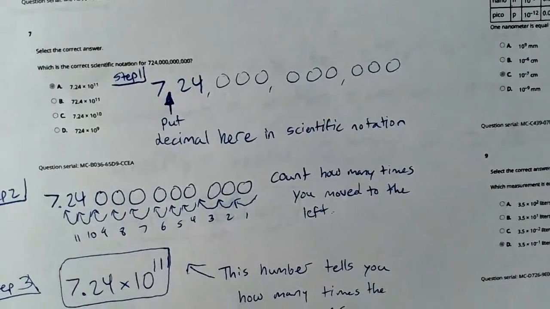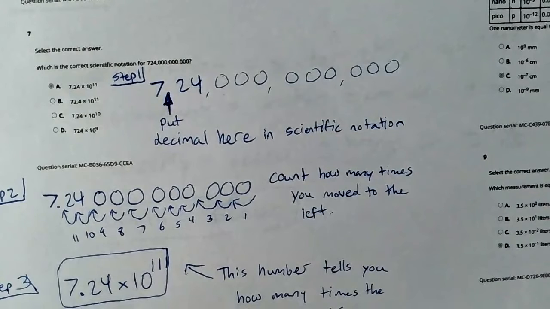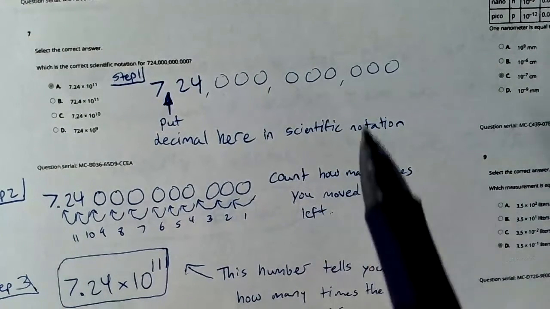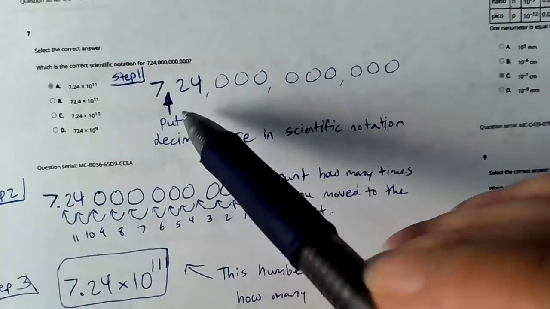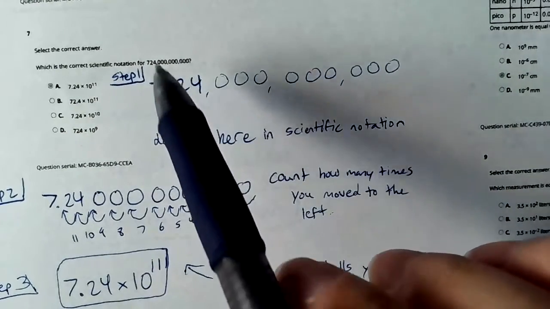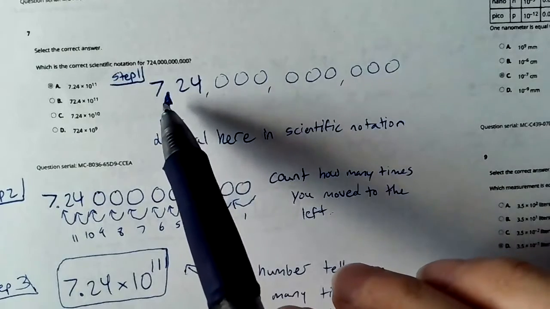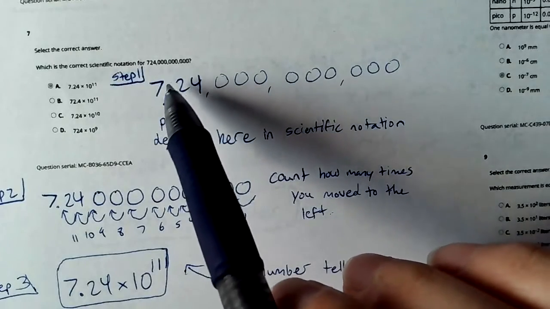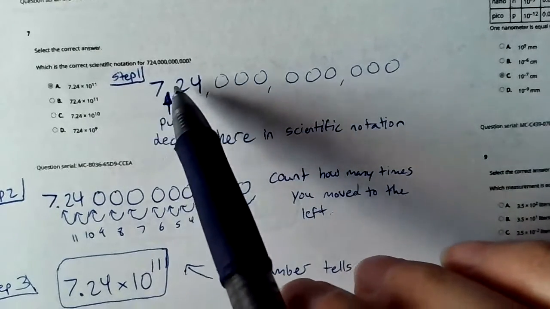Number 7. Which is the correct scientific notation for 724 billion? You don't even necessarily need to know how the number is pronounced, but you can put the decimal point after the first integer, the first number.